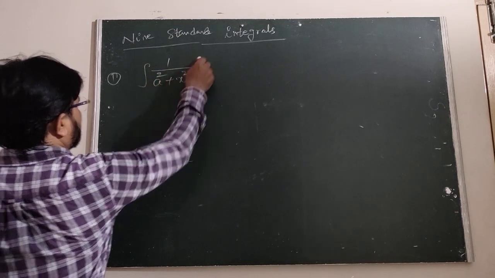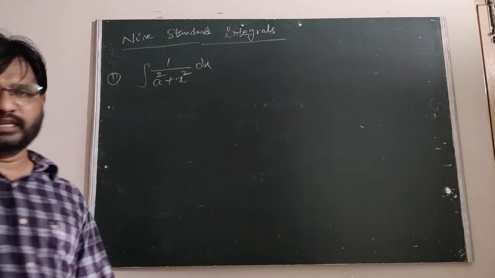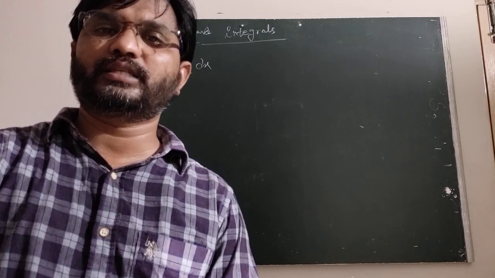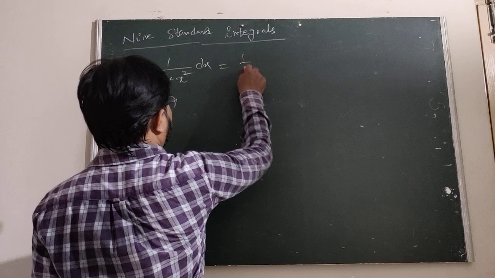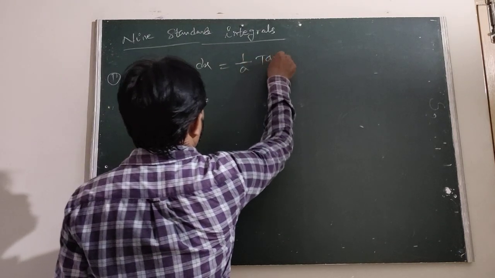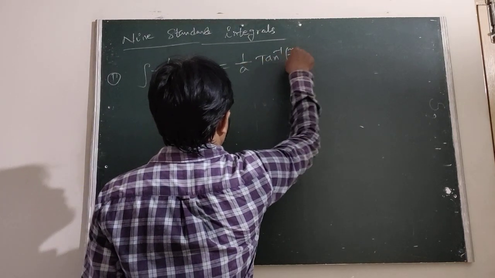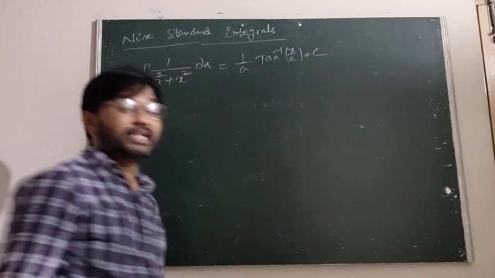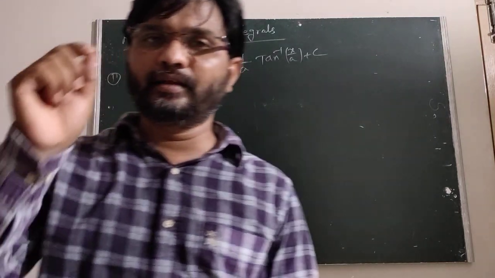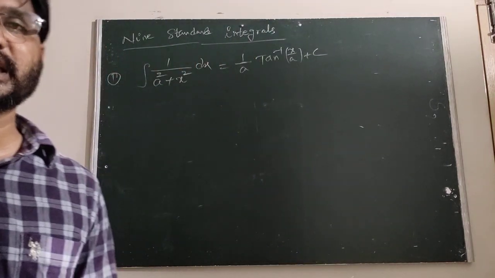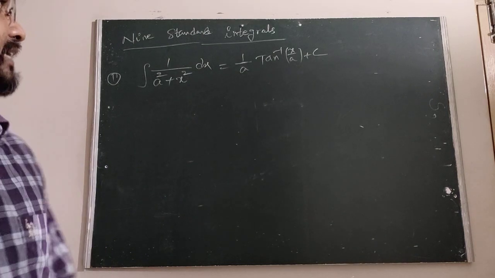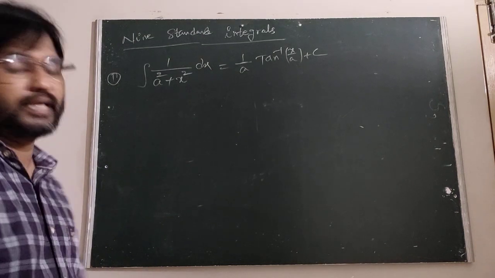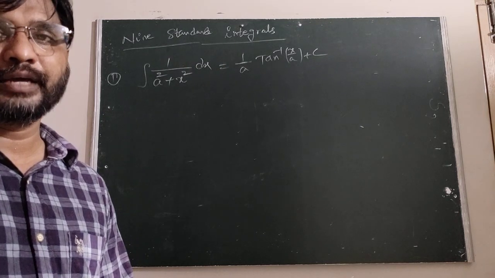It is a very important formula. The integral of 1 by a square plus x square into dx is 1 by a tan inverse of x by a plus c. Okay.